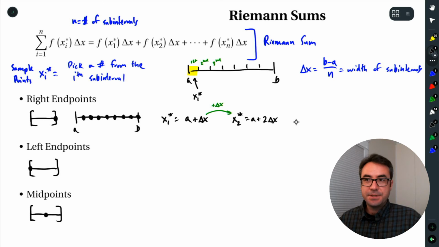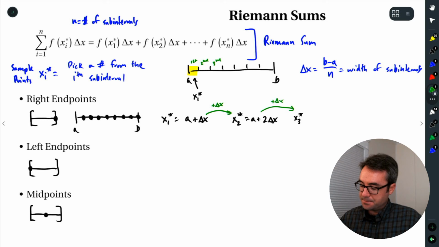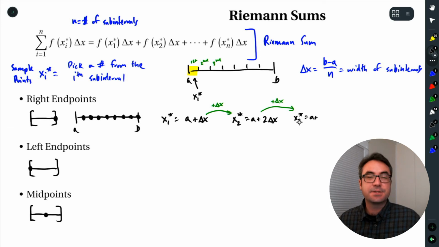And then to get x3 star, we just take our previous result and add another delta x. So this would be A plus 2 delta x plus delta x, so 3 delta x's.